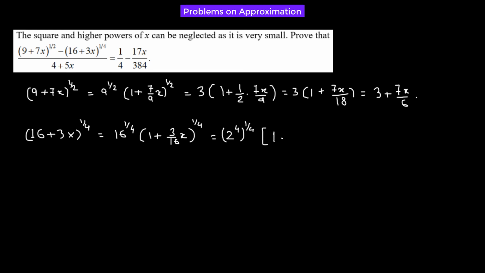By applying the binomial theorem, we have 1 plus 1/4 times 3x over 16. So we can factor out the 4. That gives us 2 times 1 plus 3x over 16 times 4, which is 64, and then we distribute 2, and it will give us 2 plus 3x over 32.